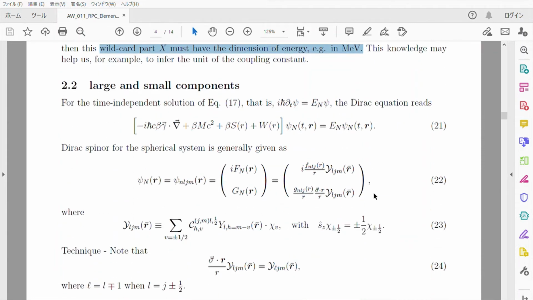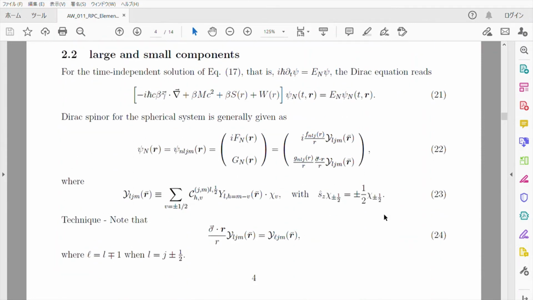Okay, next, the large and small components. For the time-independent solution, symbolically given like this, the Dirac equation reads in this form, and the Dirac spinor for the spherical system is generally given, as I told before, in this form.